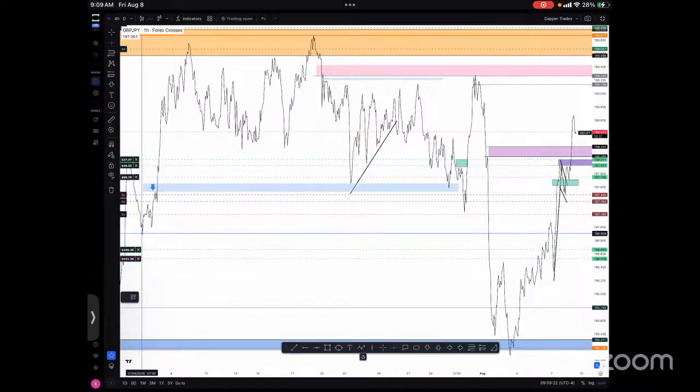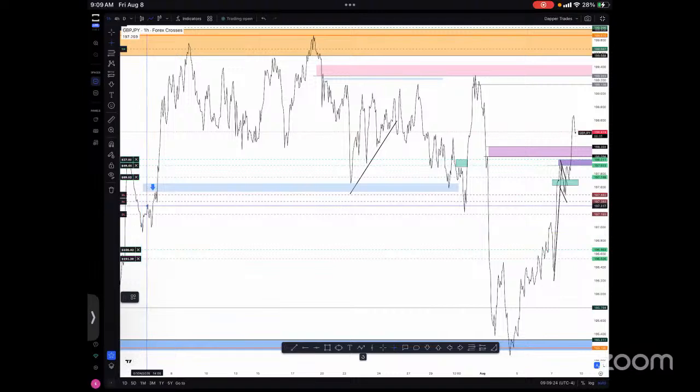This is a low, this is a high, this is a higher low, this is your higher high, this is your higher low. So can you see what the market is doing? Breaks and retests of higher highs and higher lows. There's another area right here.